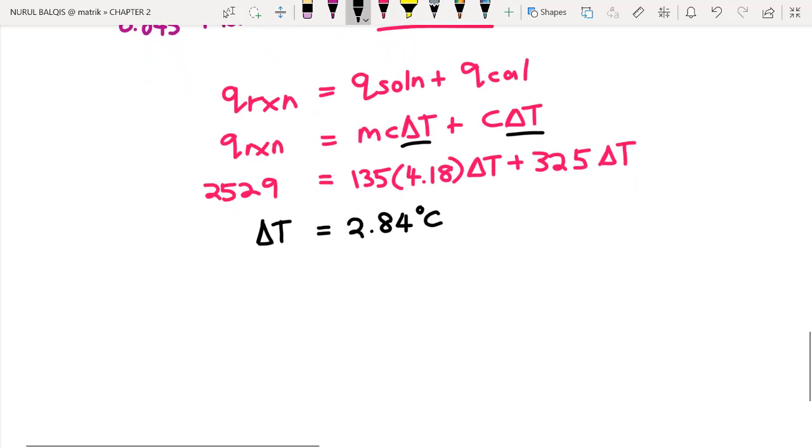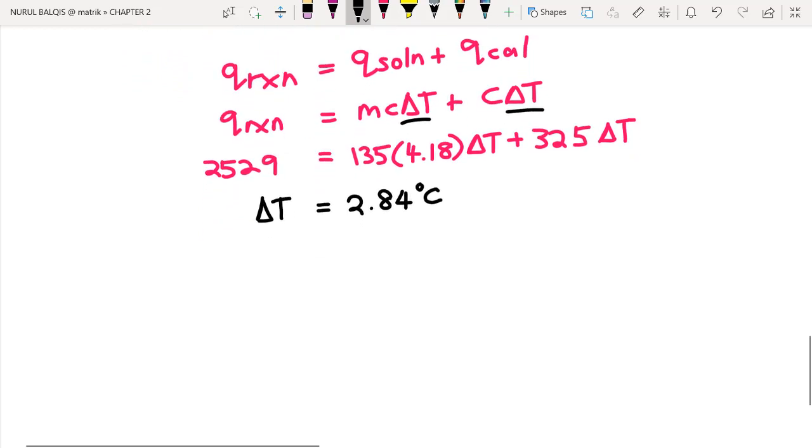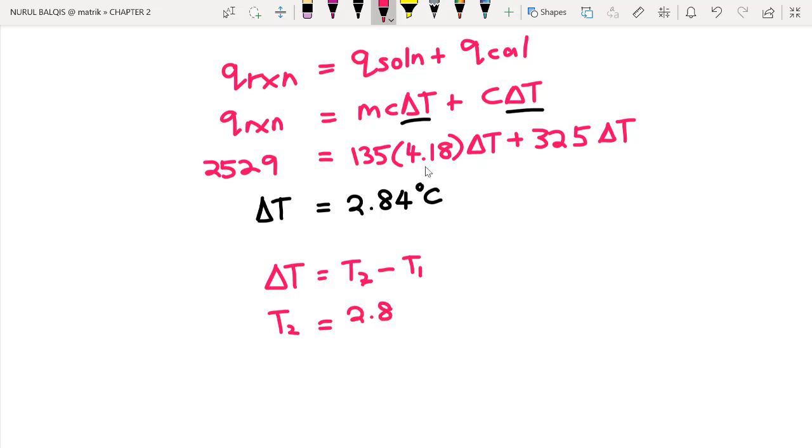So simply take this value and substitute it into T2 minus T1. We know our delta T comprises T2, the final, minus T1, the initial. We've got the T1 and also delta T, so we can simply calculate our T2, which is 2.84 plus 18.24.